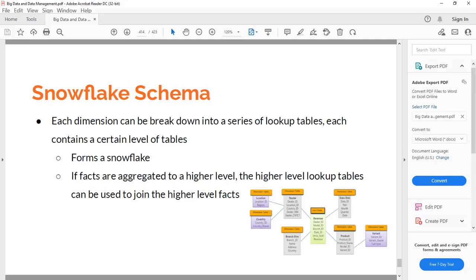For example, if I have a monthly sales table, I not only store my sales on a day level as it happened, I also store sales on a monthly level. Each month has a record. Then it will make sense that I have a month lookup table. I will join the month lookup table with the month fact table, and join my day table with the day level table. This will provide us a much faster performance and more flexibility.